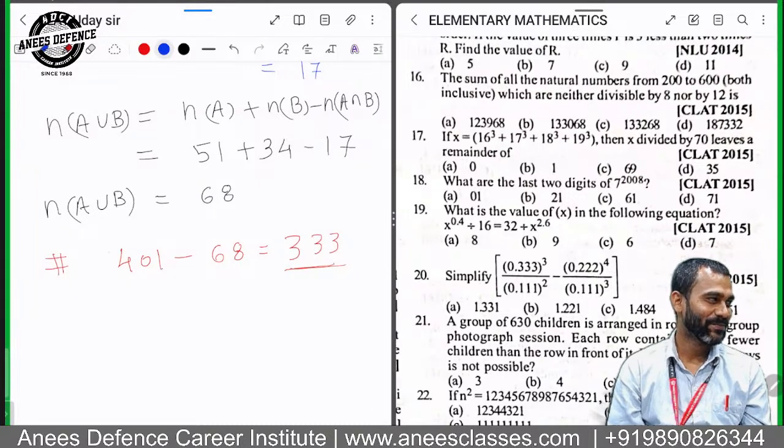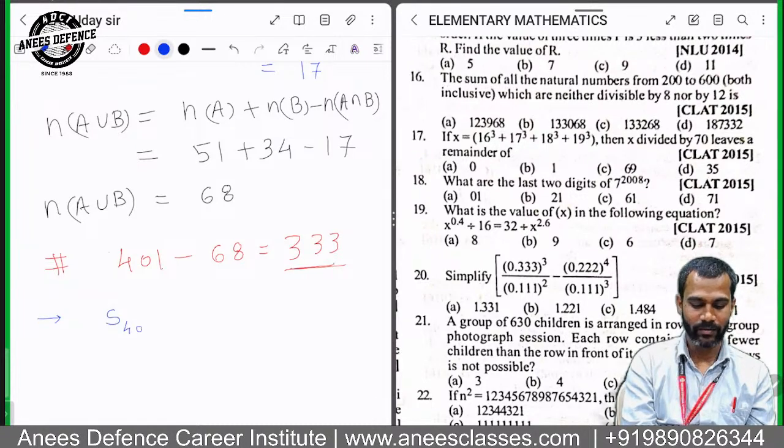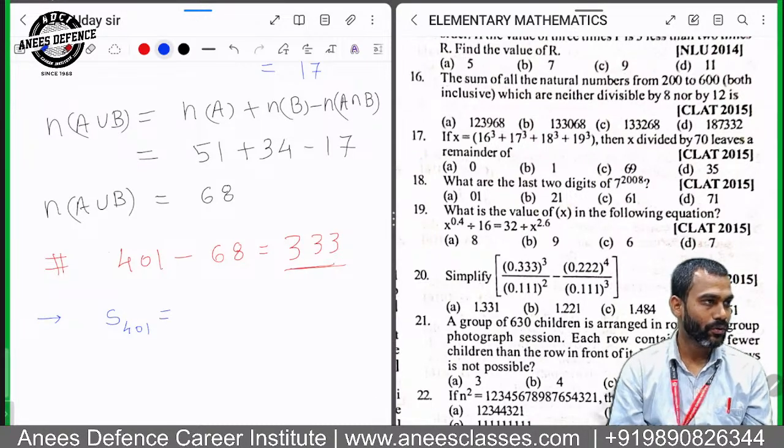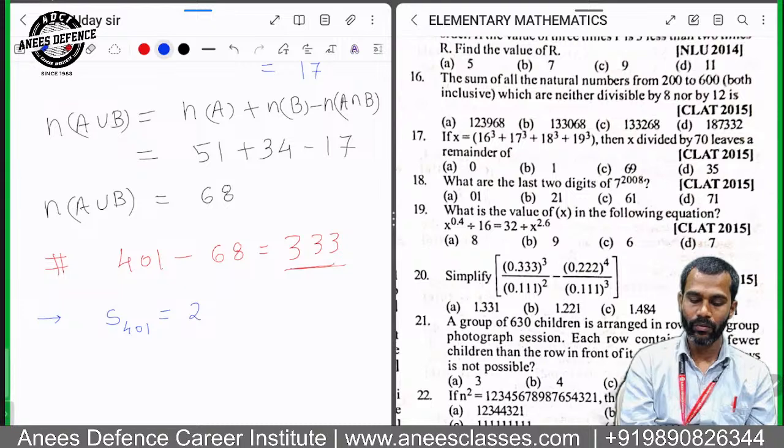Now try. See, S401 is the total sum. So that is 401 by 2, times 200 plus 201 and so on till 600.